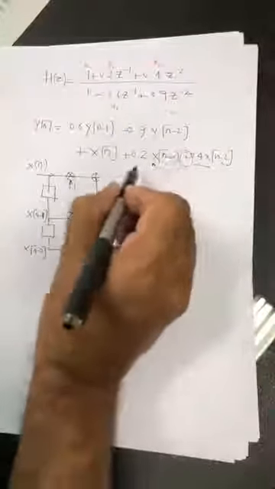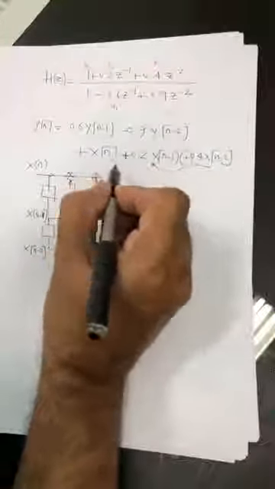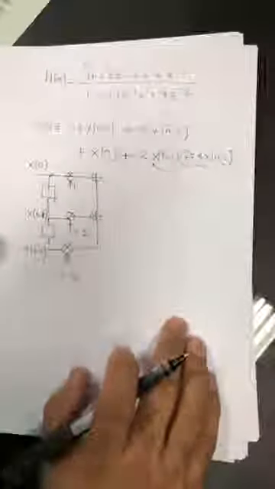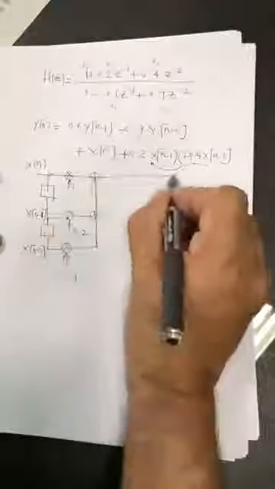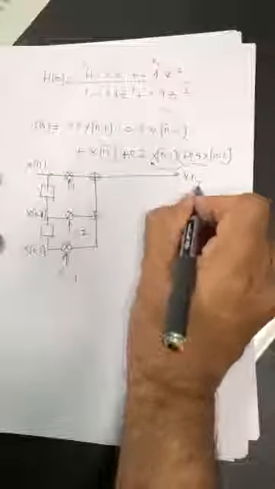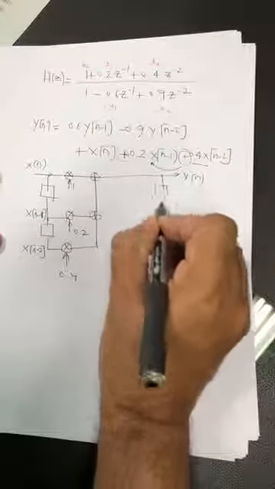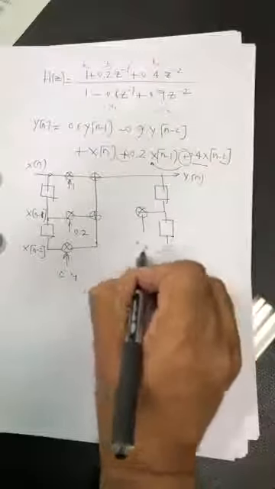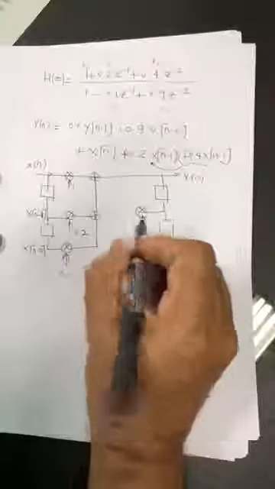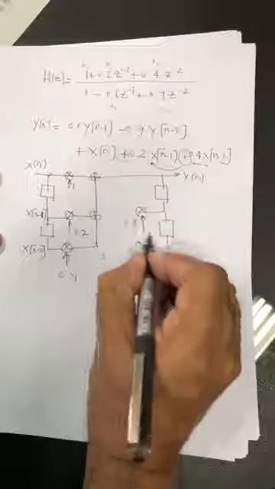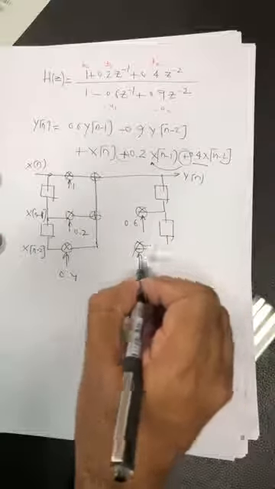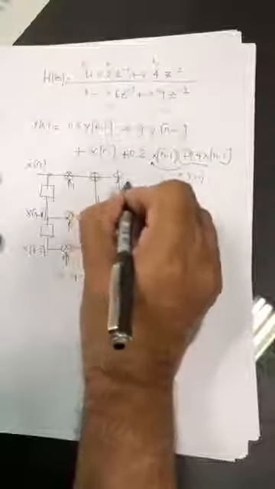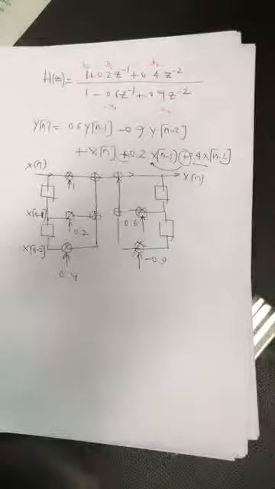This is the adder, and then all of this is added with x of n, this is the adder. So you do this, then you have y of n. This is a1, which is 0.6, and this is minus 0.9. This is direct form 1.